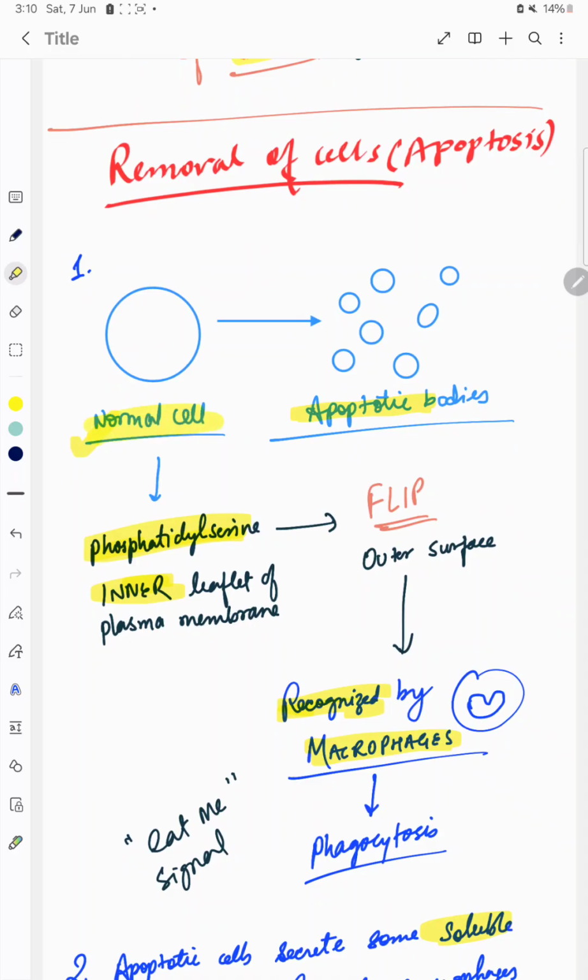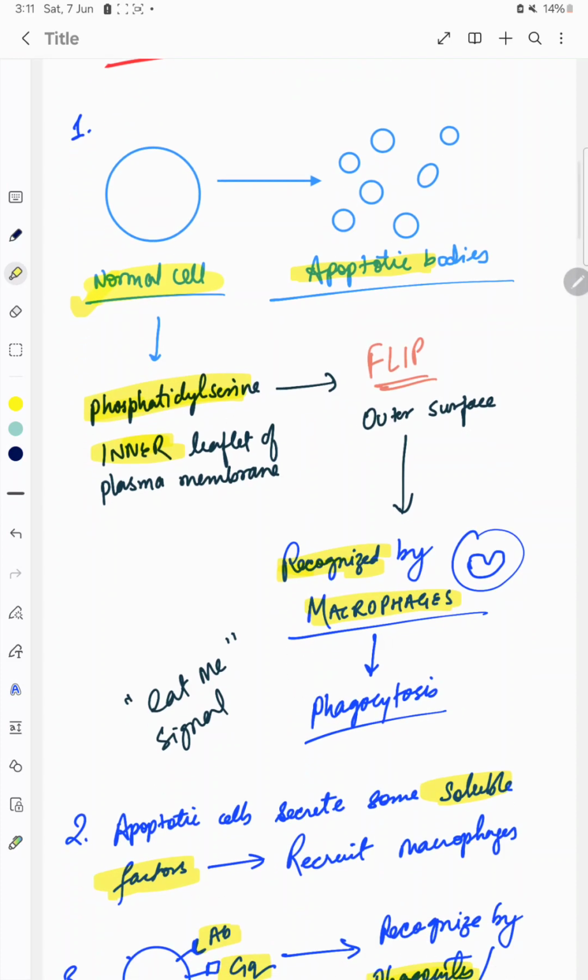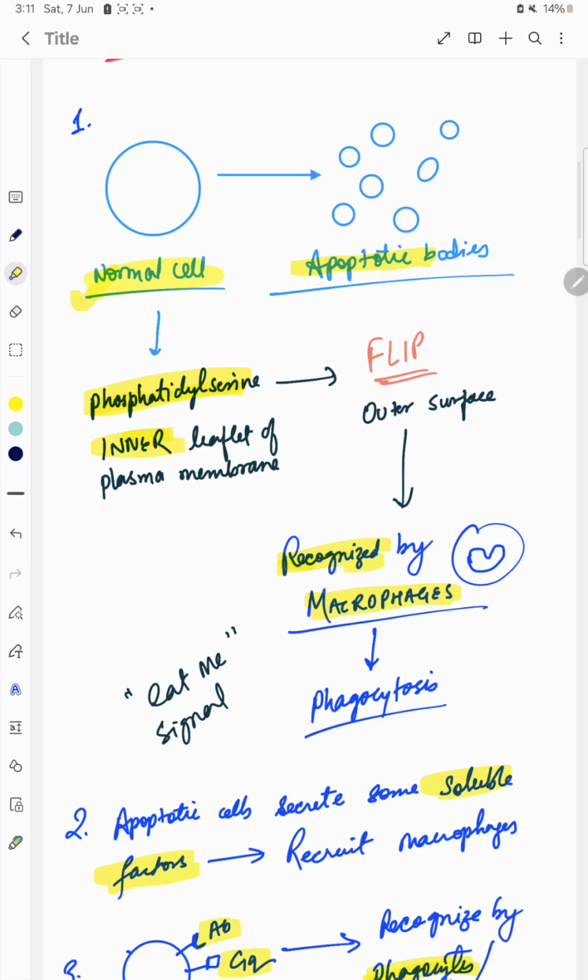In the normal cell, phosphatidylserine is on the inner leaflet of the plasma membrane, but in apoptotic bodies a flip occurs, which flips phosphatidylserine from the inner to the outer surface of the plasma membrane, and this phosphatidylserine is recognized by the macrophages and results in phagocytosis. This is basically known as the eat-me signal, by flipping of the phosphatidylserine from the inner to the outer surface.